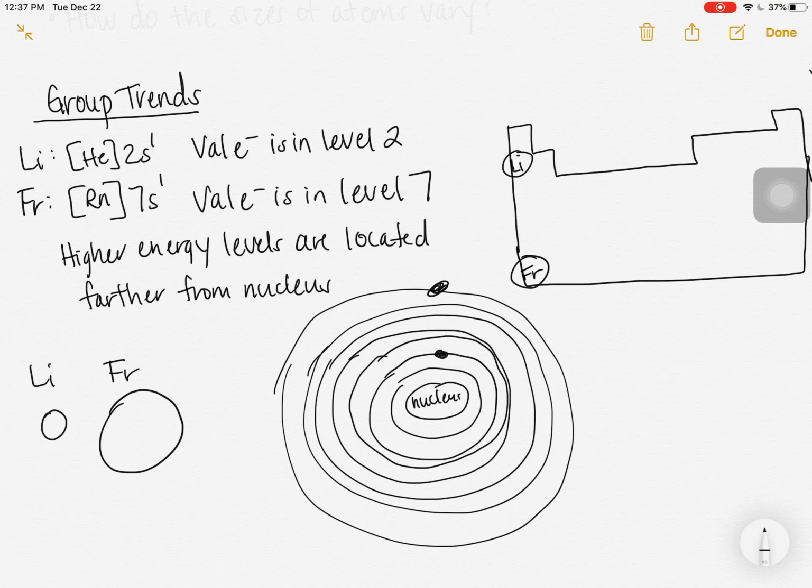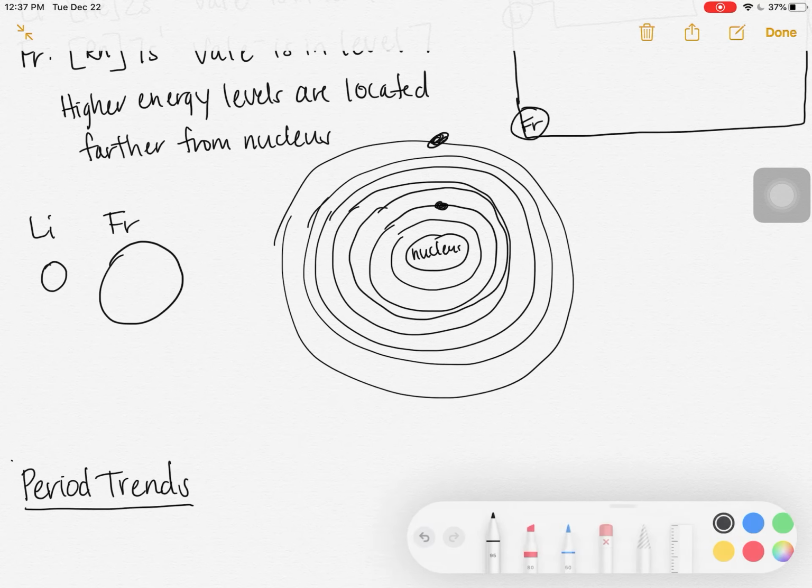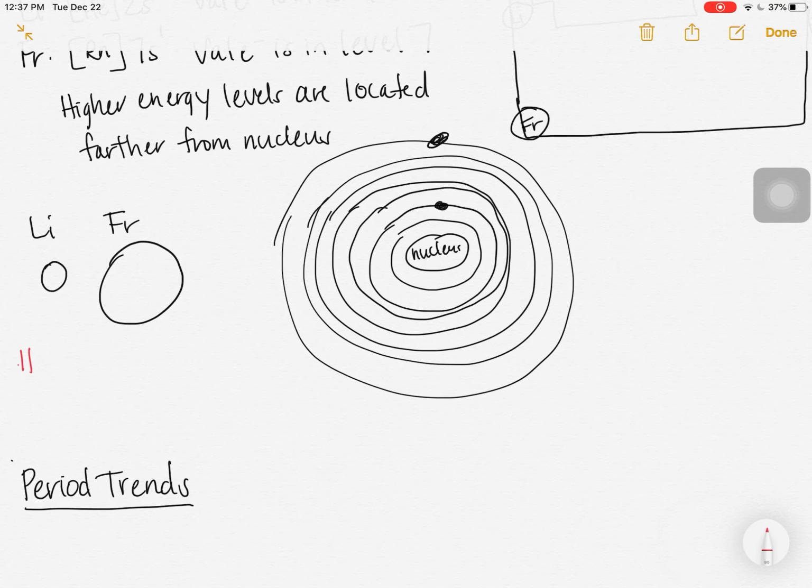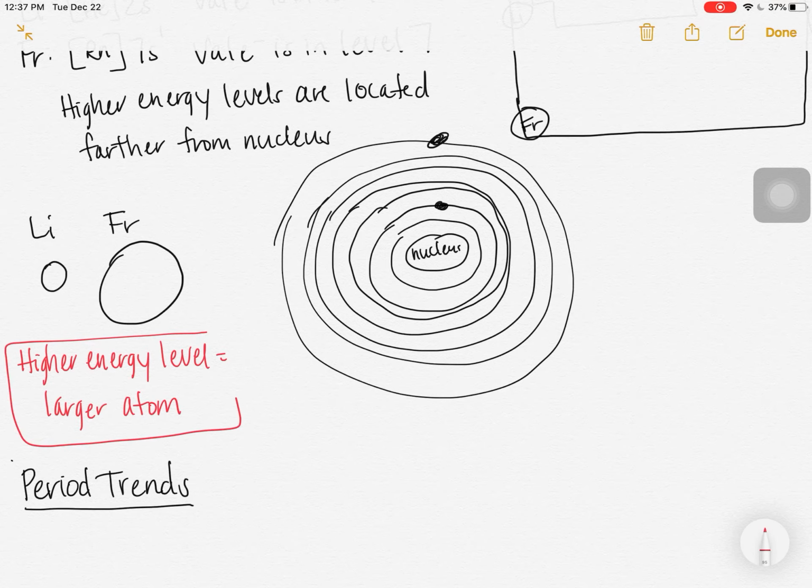So when we're talking about the sizes within a group, the only thing we look at is energy level. Let's make a bold statement here: a higher energy level equals a larger atom. The why, of course, is the kicker, and we'll say it's because those electrons are located farther from the nucleus.